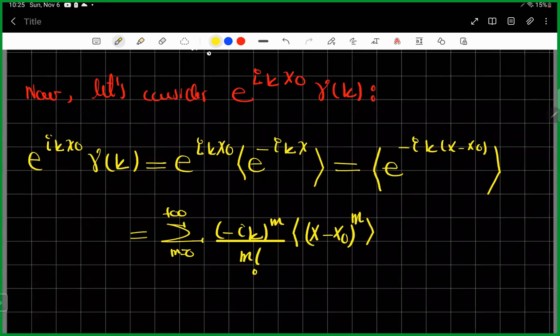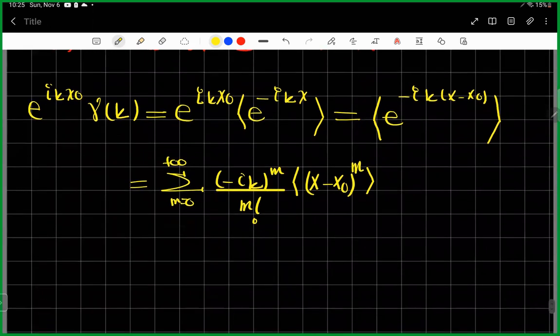So this is the moment generating function, but now the random variable is displaced by a quantity x0. So this function, e to the I k x0 gamma of k, generates the moments centered around x0.